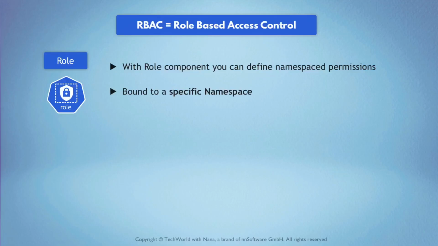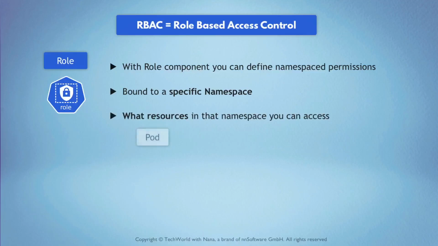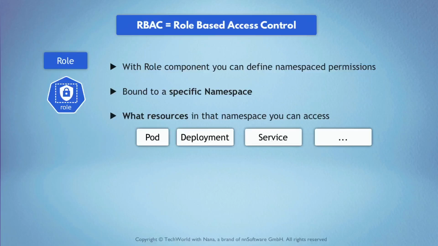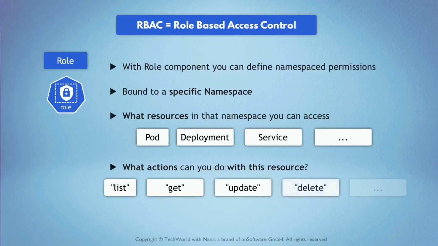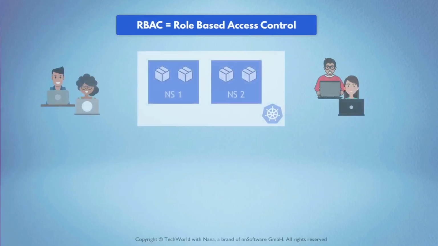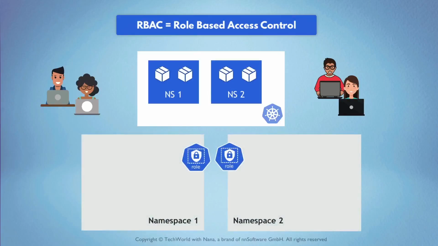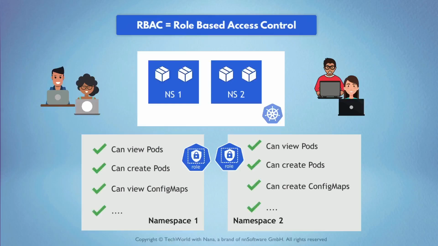So a role is bound to a specific namespace and defines what resources in that namespace you can access, where a resource is a pod, deployment, service, secret, etc., and what you can do with these resources, like list, read these resources, edit, delete, etc. So for each developer team, you can create a role for their specific namespace that they are managing and define what they can do inside that namespace. Maybe they can only create stuff, but they cannot delete any resources.